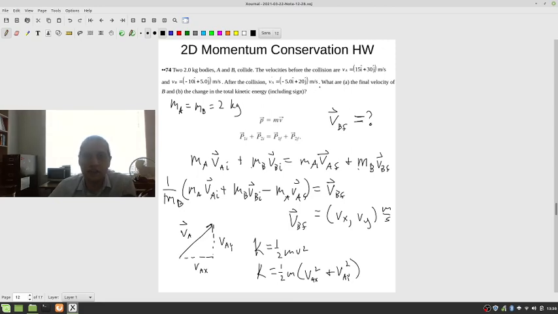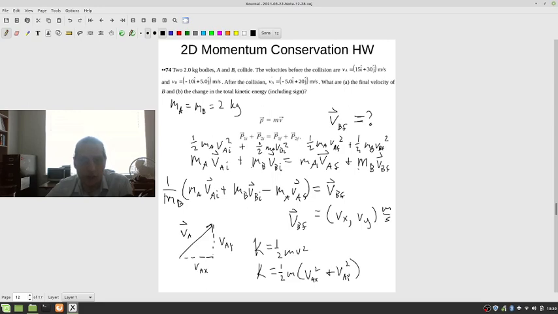Okay, so when it asks you what's the total change in kinetic energy, what you're going to have to do is add up 1/2 MA VA initial squared plus 1/2 MB VB initial squared. Okay, that's your initial kinetic energy of A, initial kinetic energy of B. And then you're also going to have to find your final 1/2 MA VA final squared plus 1/2 MB VB final squared.